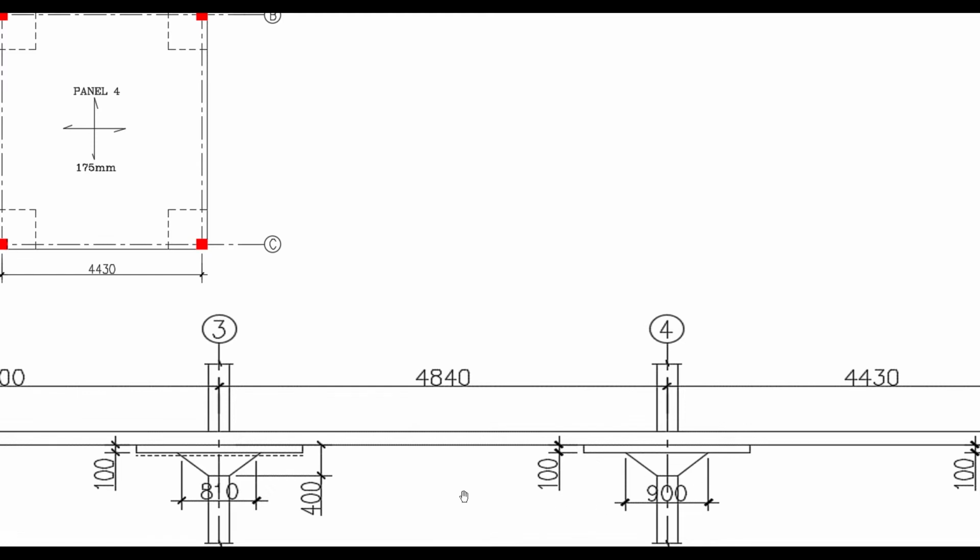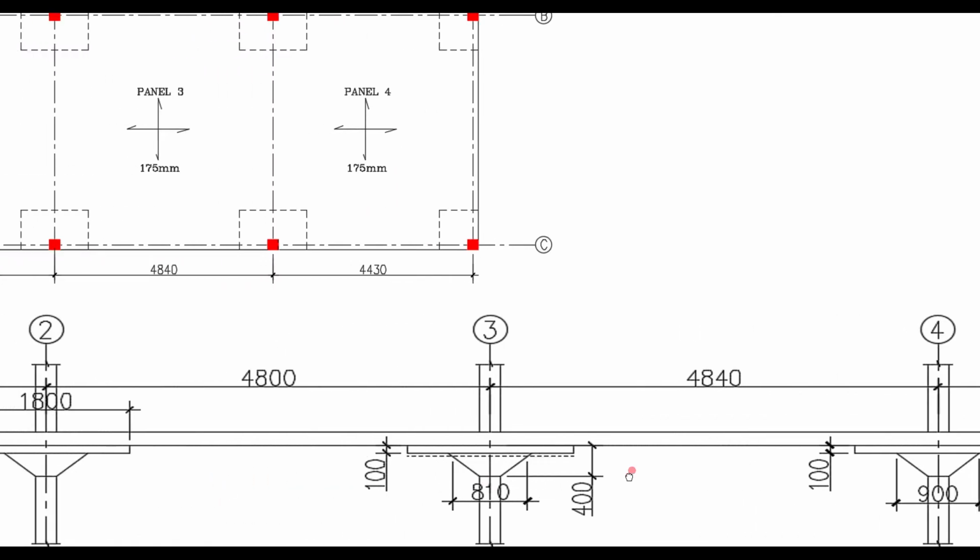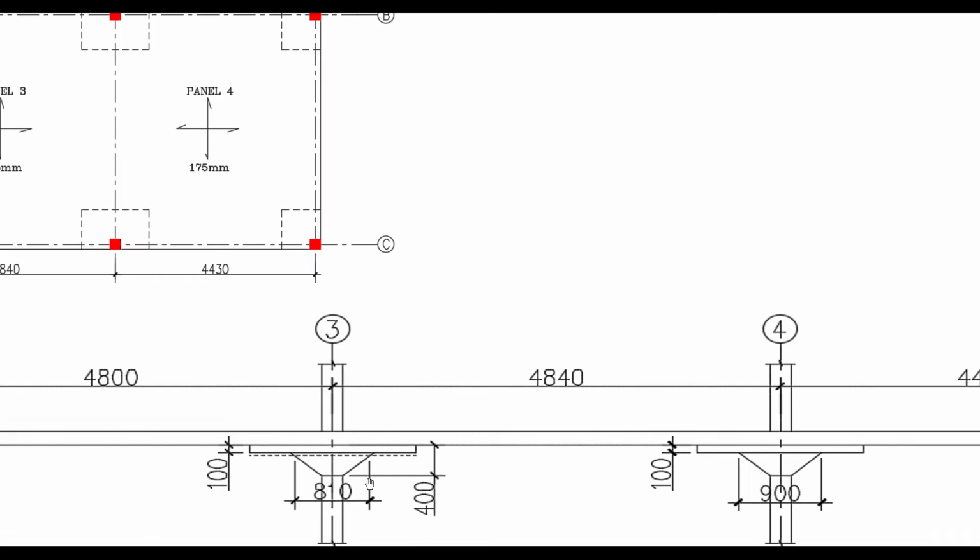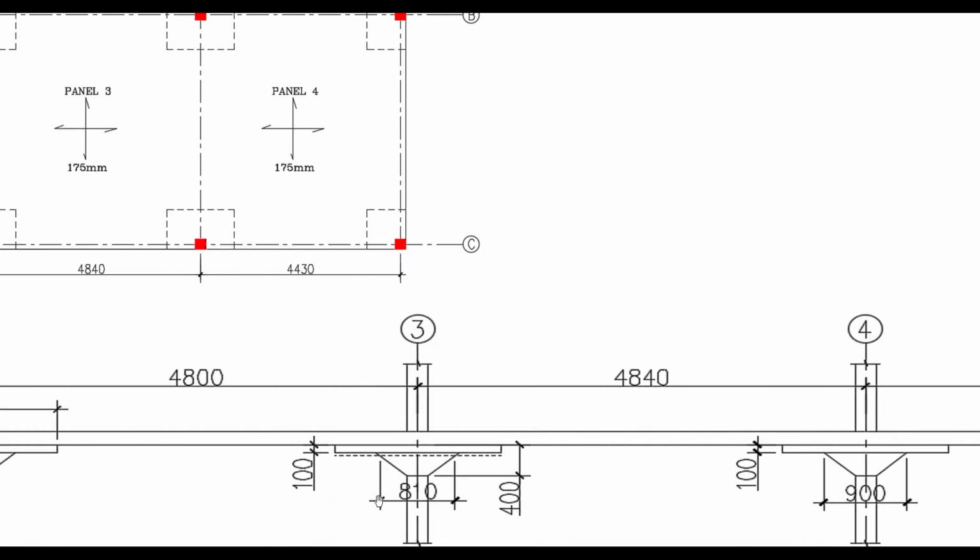So based on the explanation we made, for us to be able to determine the actual size of the column head, especially when you are having a flare column head, which is an example of what we have here, that means you are going to offset 40 mm from the base of the drop panel, and then that will now be the dimension of the actual column head.